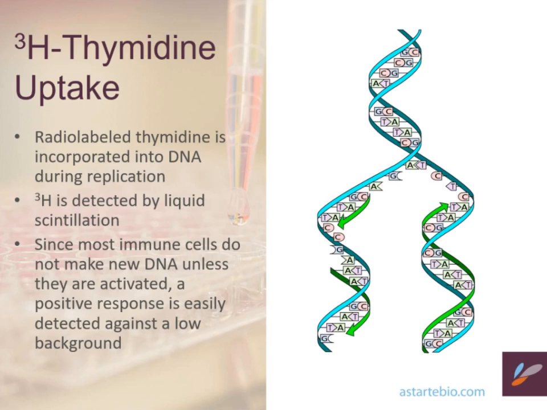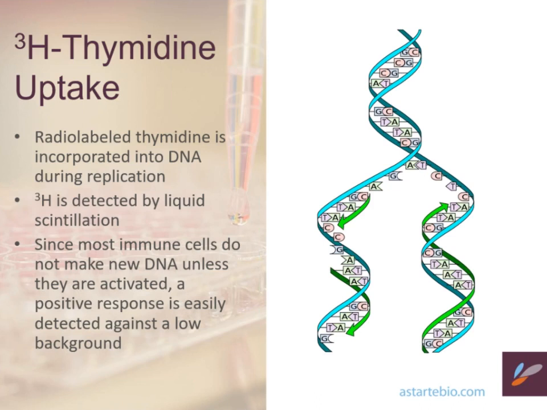Tritiated thymidine is the use of radiolabeled thymidine, and that's incorporated into the DNA as it's replicated. So you can imagine all of the T's here that designate thymidines becoming radioactive. There are lots of points to label in there, and you can then detect that using liquid scintillation.